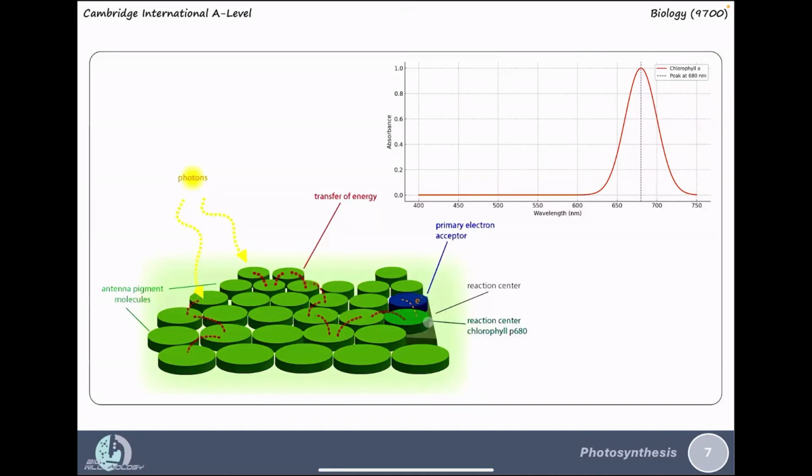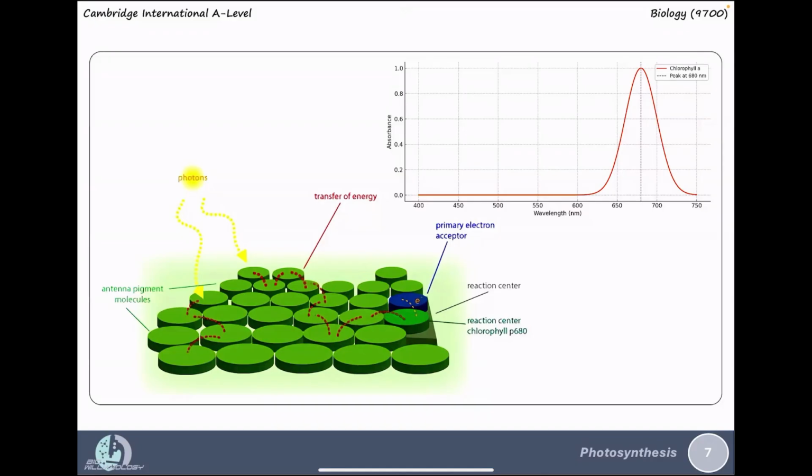This chlorophyll A is a primary pigment which acts as a reaction center. So what's the difference between primary pigment and reaction center? Primary pigment is the name that describes the chlorophyll A molecule which can be the reaction center.